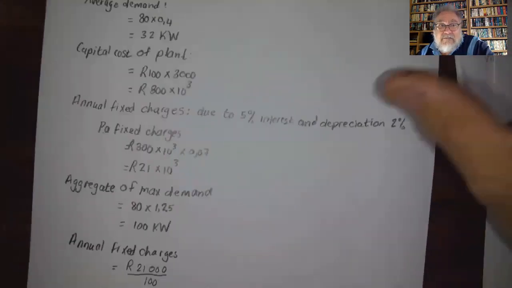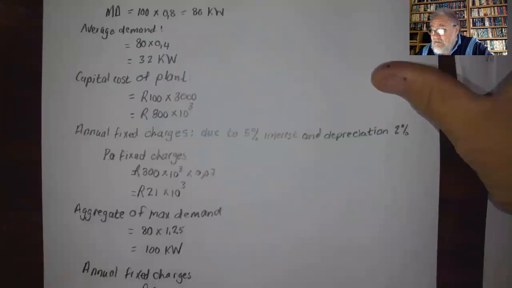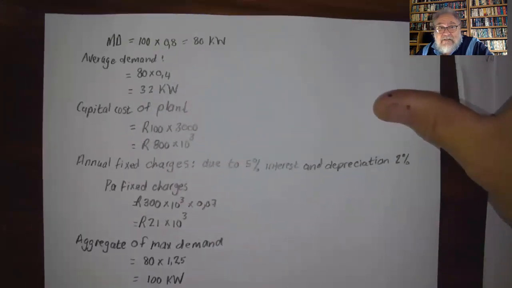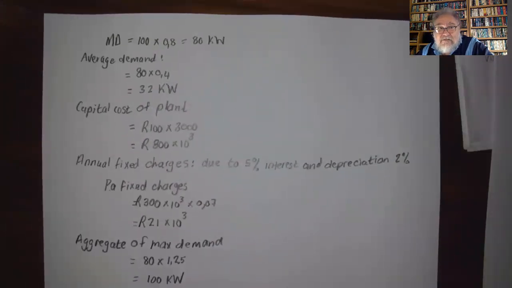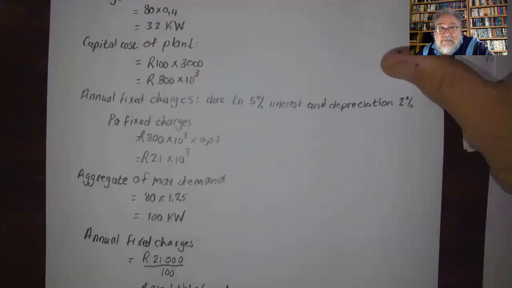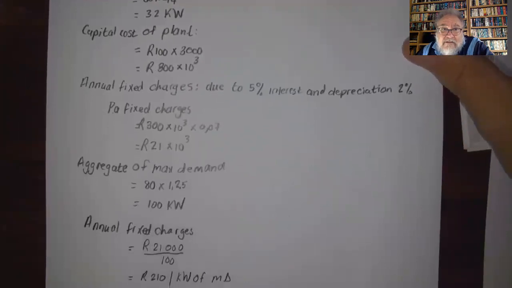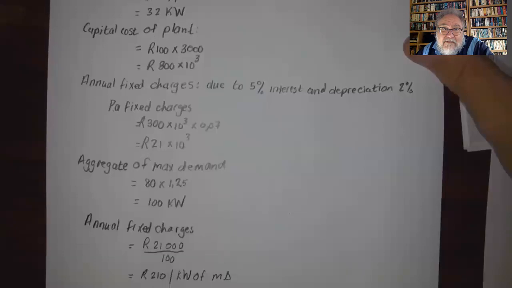So your maximum demand is 100 times 10 to the power 3 times 0.8. That gives us 80 kilowatt. The average demand is your maximum demand times the load factor. That gives us 32 kilowatt. Capital cost of the plant is 100 times 3,000.